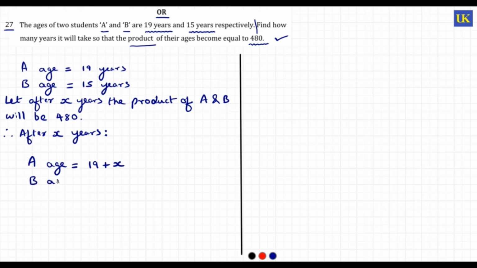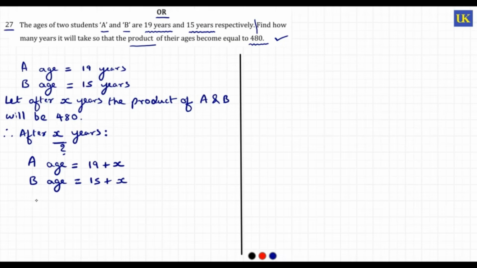And B's age will be 15 plus X. So after say 4 years, 5 years, when we add these years to A and B and multiply both their ages, it should come to 480. So after how many years, that is why I have taken X. That is what we have to find out.